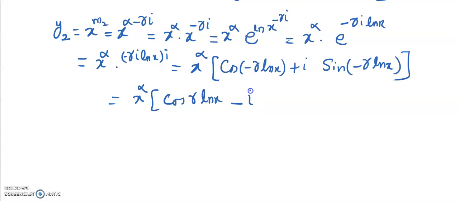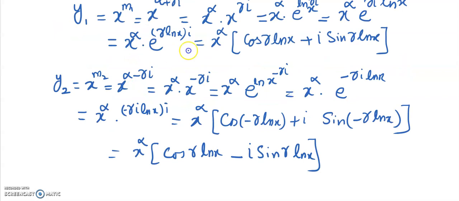It will be minus iota sine gamma log of x. So we have two equations now, y1 and y2.